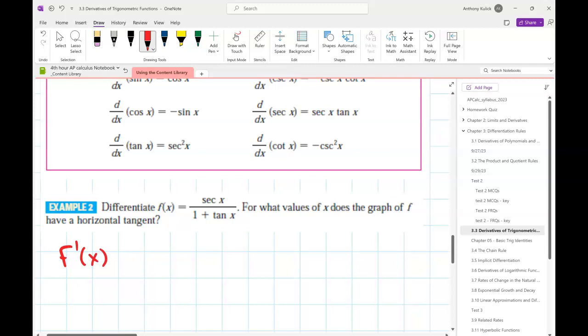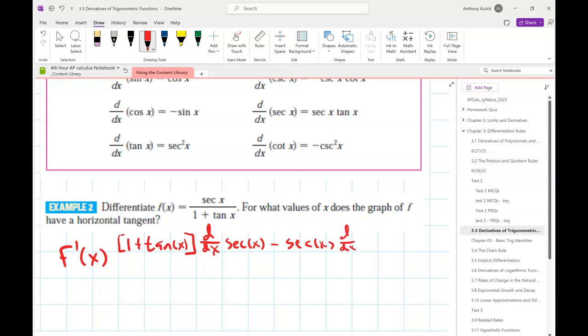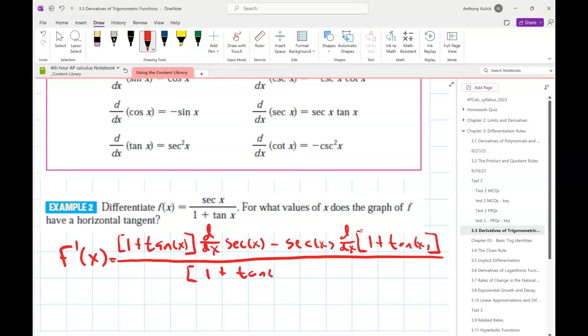So we have the bottom times the derivative of the top minus the top times the derivative of the bottom over the bottom squared.